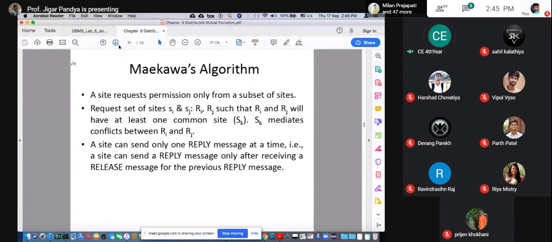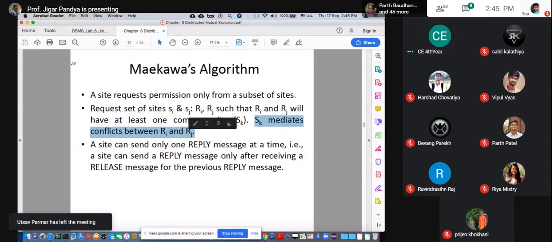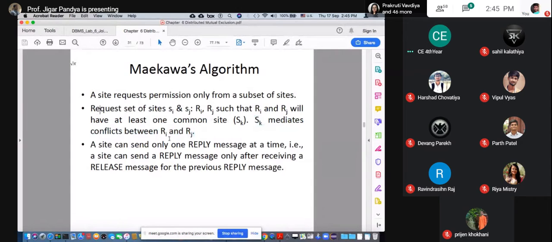We say there will be a mediator, one of the sites that works as a mediator between any two other sites, any two regions, which you can say quorum. This R is actually the request set, which is nothing but your quorum.